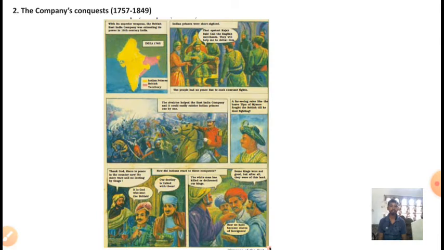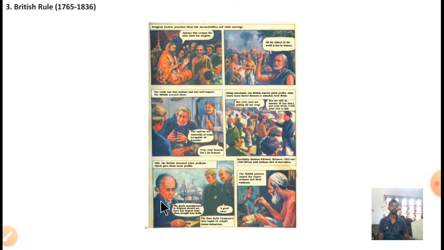They said anyone who crosses the seas loses his religion. Anyone who crosses the seas or the rivers or goes to another country will lose the religion. They will not be a member of the religion.